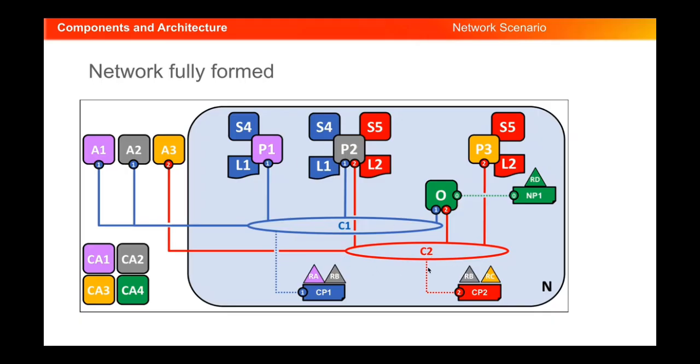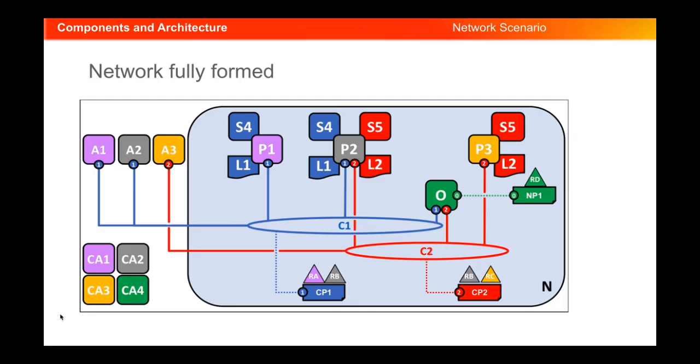Next you have the C2 channel, and C2 channel is connected to P3, and it is also connected to P2 as well. As you can see from this structure, one peer, which is P2, which is part of organization B, is part of both channel 1 and channel 2. That is why it has two smart contracts and it has two separate ledgers for maintaining the data for that particular channel.